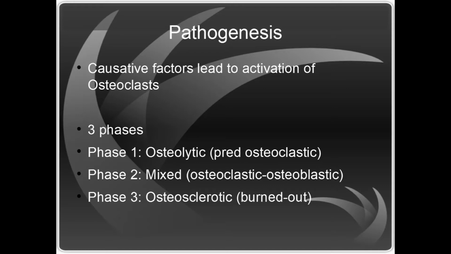Phase 3 is the osteosclerotic phase or the burnt out phase. Here there will be islands of bone that has been formed by osteoblast cells. We shall see about the details of these three phases when we discuss the morphology of Paget's disease.